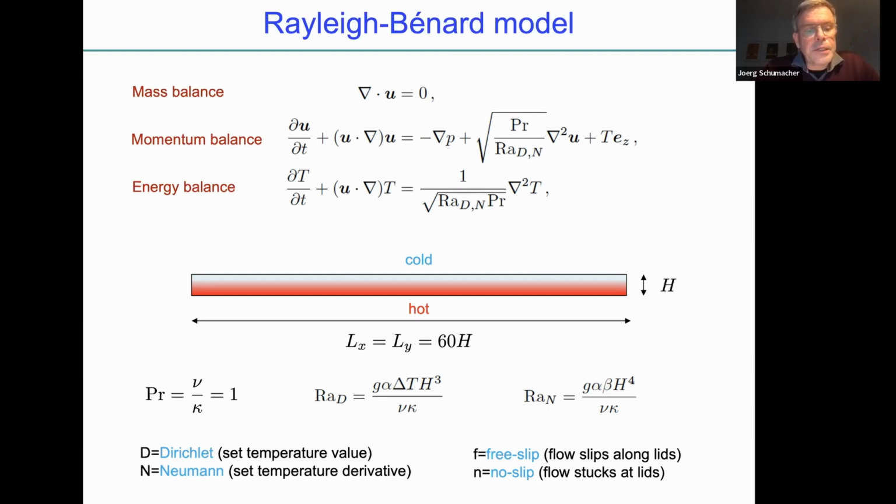In the Dirichlet case, for which we prescribe the temperature at the top and at the bottom, it's the Rayleigh number Ra_D, and the Neumann type Rayleigh number, for which we prescribe the normal derivative of the temperature field, it's Ra_N. We also have varied the boundary conditions of the velocity field at the top and at the bottom to free slip or no slip boundaries. At the sides, we are applying periodic boundary conditions for all fields.